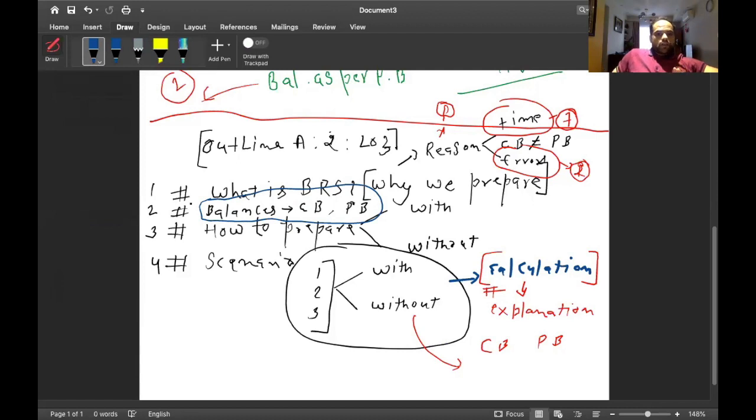When we are preparing a bank reconciliation statement, it's really important to know the balances of these 2 types of accounts, 2 types of books, cash book and passbook. Why is it important? Because the treatment of cash book is exactly opposite to the treatment of passbook. So make sure you explain these things here.